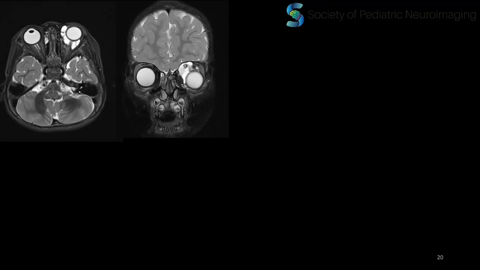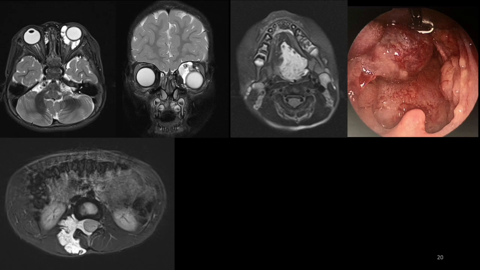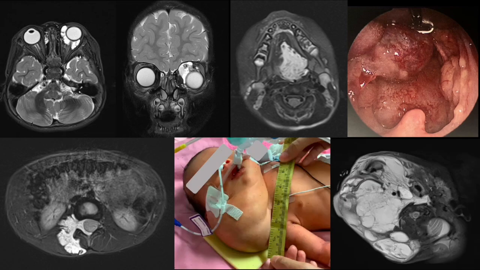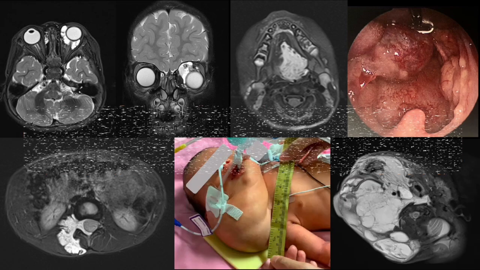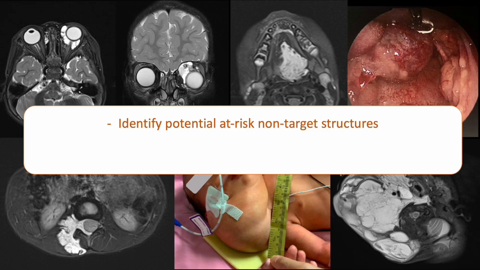So if we look at this orbital slow flow malformation, this pharyngeal venous malformation, this venous malformation that is extremely closely located to the spinal canal, and this massive lymphatic malformation, it's important to have good pre-procedural imaging to identify the potential at-risk target and non-target structures that you don't want to damage.